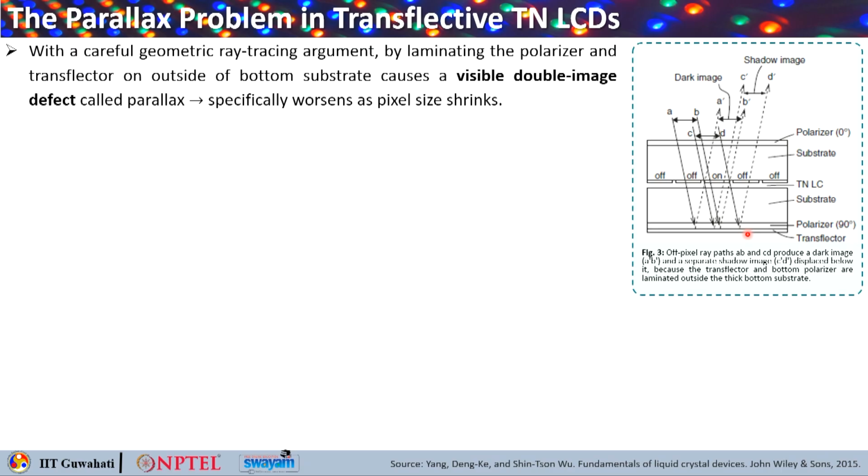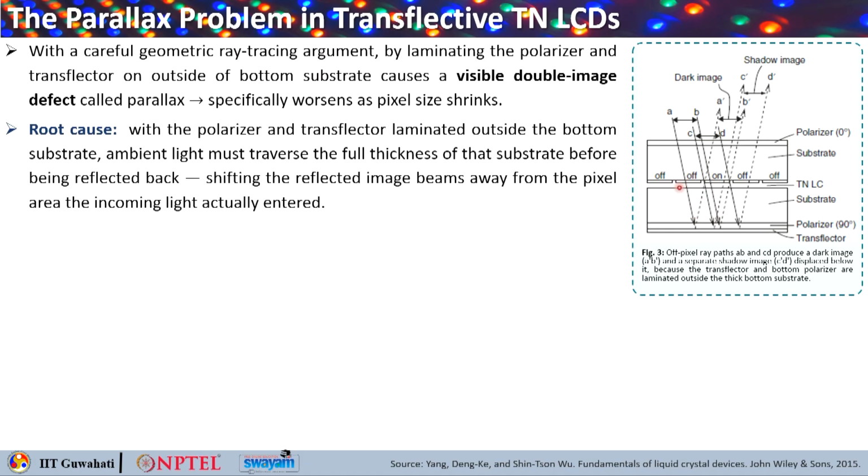This particularly gets worse when the pixel size changes. This figure shows the effect more clearly. Here you have a polarizer, then a substrate, then the twisted nematic liquid crystal, then another substrate, and then a polarizer and a transreflector.